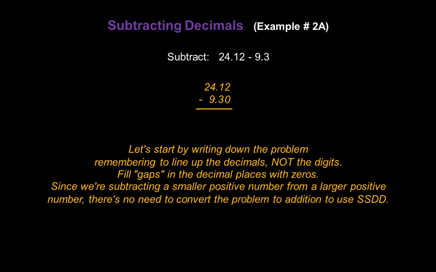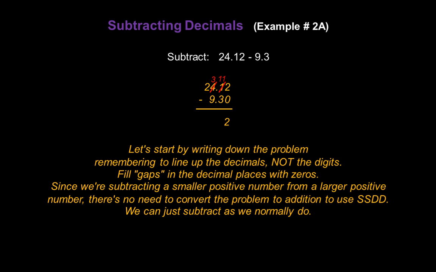And since we're subtracting a smaller positive number from a larger positive number, there's really no need to convert this problem to addition and use SSDD. We can just subtract as you normally would. So starting on the right side, 2 minus 0 is 2. 1 minus 3 I can't do without borrowing, so I'll borrow 1 from the 4 and make the 1 an 11.